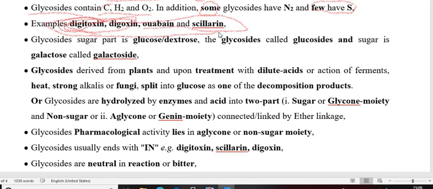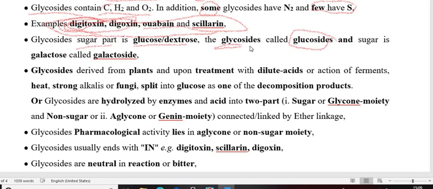So these are all examples of glycosides. A very important point is that if the sugar moiety is glucose or dextrose, we call the glycoside a glucoside.